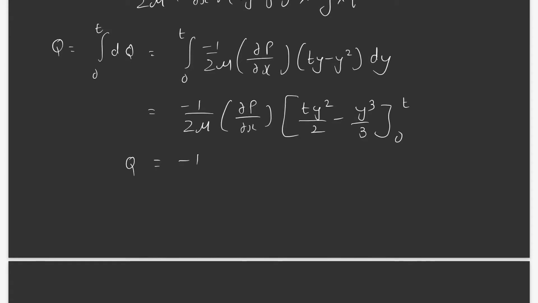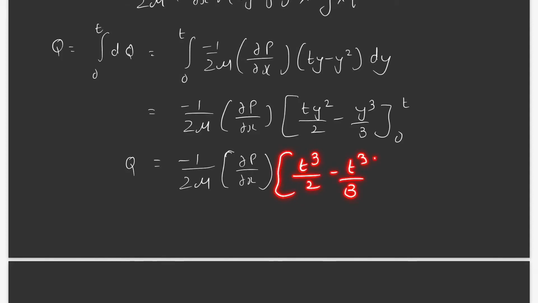Final value will be minus 1 by 2 mu into dou p by dou x. What is this value? If I substitute 0, this will anyway be 0, so no need to think about that. If we substitute t, the value will be t cube by 2 minus t cube by 3. That will become t cube by 6.